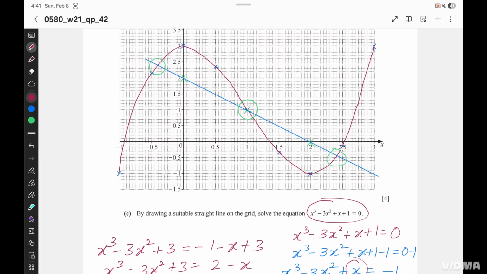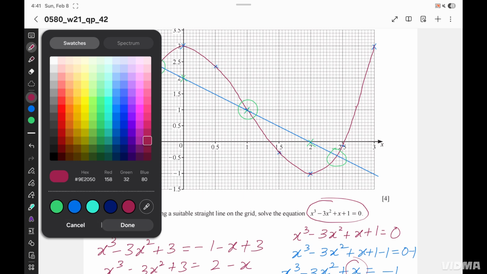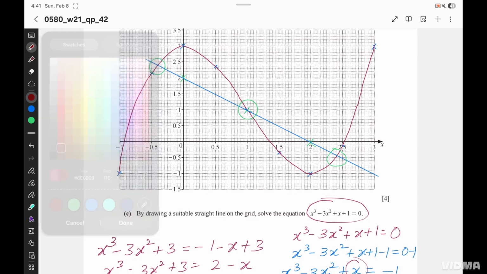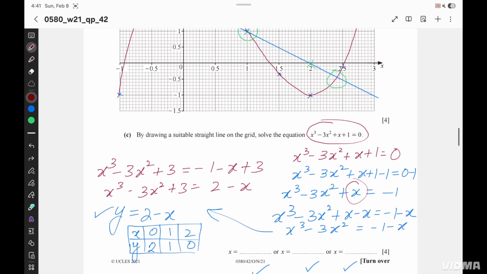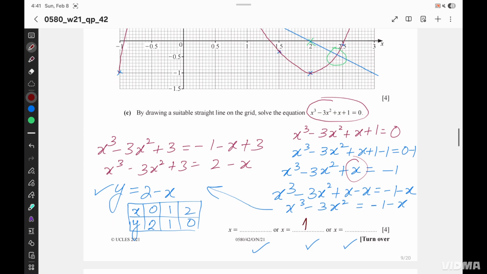So let's find the x coordinates of the points of intersection. So this is 1, you can clearly see it, so we can write 1 here.